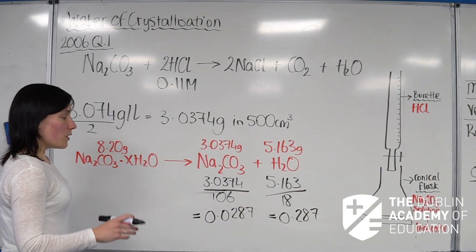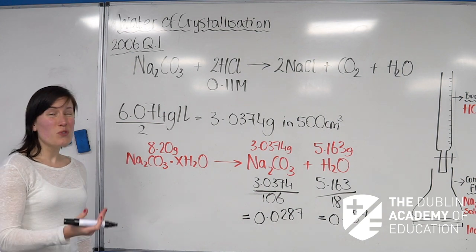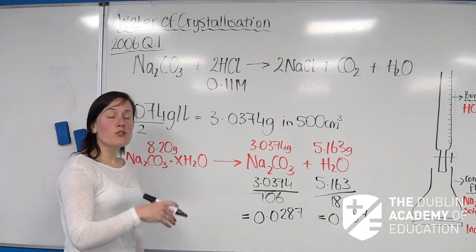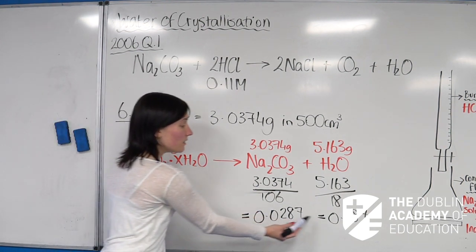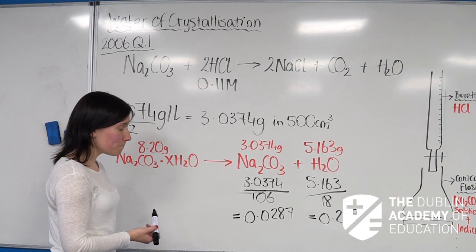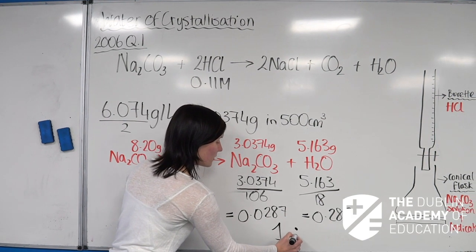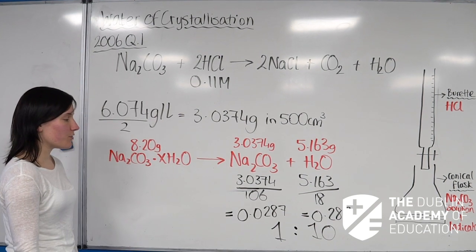Now we can see the ratio of one to the other, but we don't have this in a simple whole number ratio yet. So to work out the simple whole number ratio, we just divide both of these figures by the smallest of the two numbers, and we see that they're in a 1 to 10 ratio.